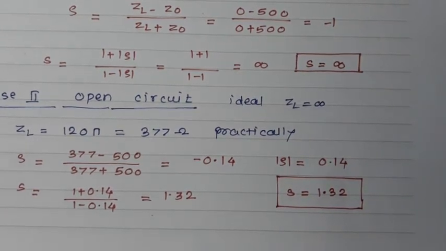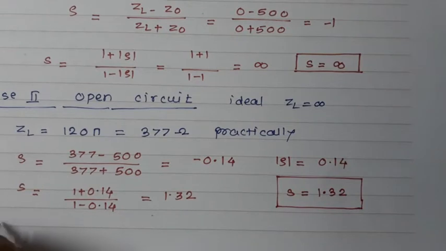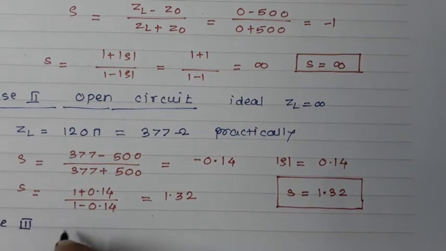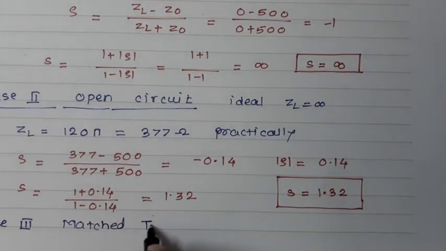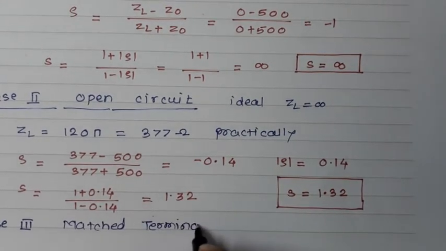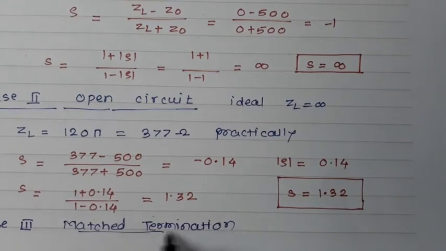Now the last condition is the match termination. Here I am assuming that my ZL is exactly equal to Z0. So for the match termination, I write ZL is equal to Z0.